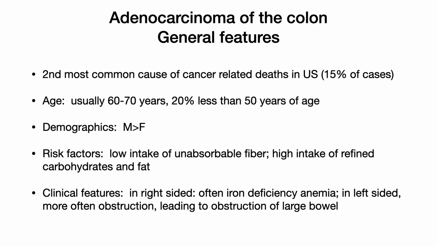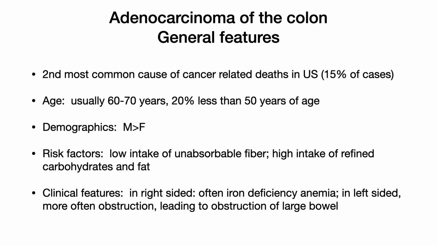And then the clinical way they present, they can present with iron deficiency anemia because you have a cancer that's ulcerating, it's bleeding, they get iron deficiency anemia. My thought, they can usually present throughout the colon, but those on the right side seem more likely to present that way because on the right side of the colon, the fecal material is more liquid, and so it's harder to cause obstruction.